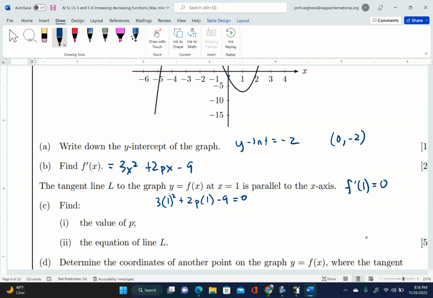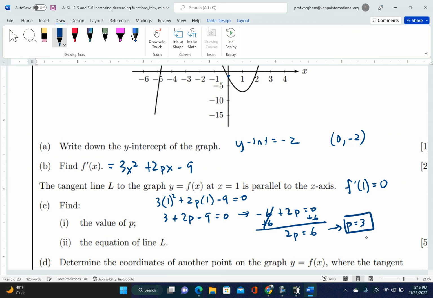So 1 squared is 1, times 3 is 3, plus 2 times 1 is 2, so that's 2p, minus 9 is equal to 0. 3 minus 9 is equal to -6, plus 2p is equal to 0. Add 6 to both sides. Cancels out. I'm left with 2p is equal to 6, and divide both sides by 2, I get p equals 3. Okay, so I just found out the value of p.